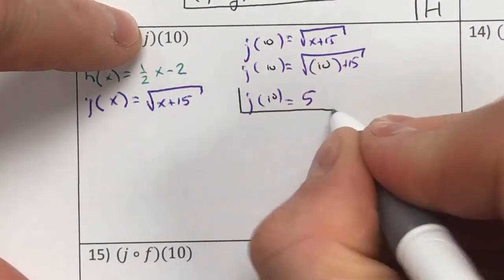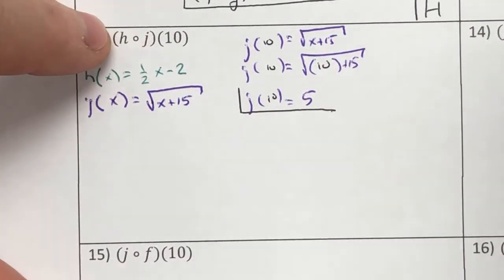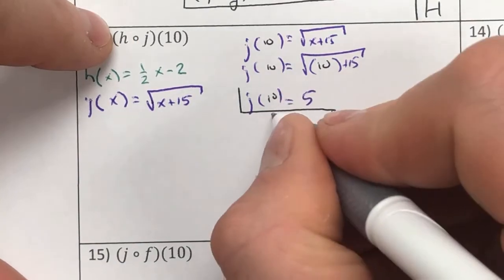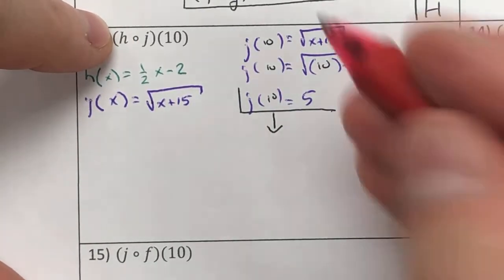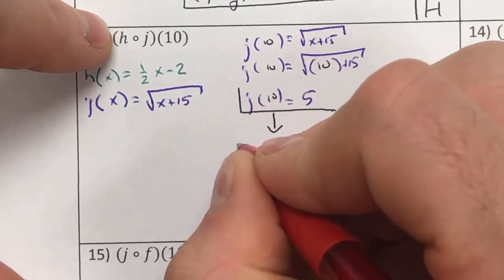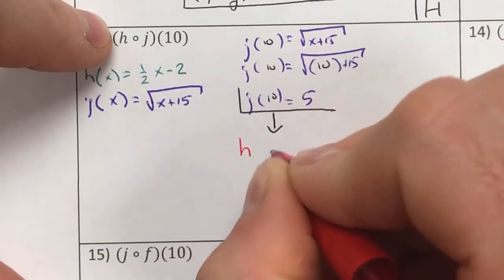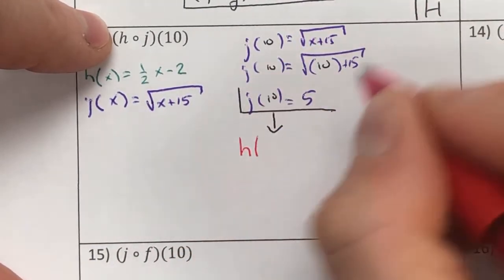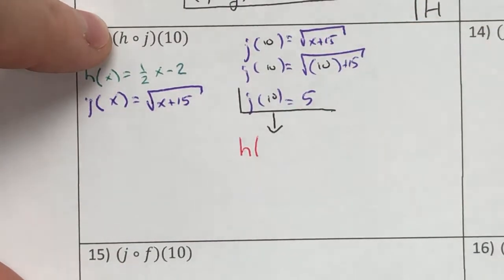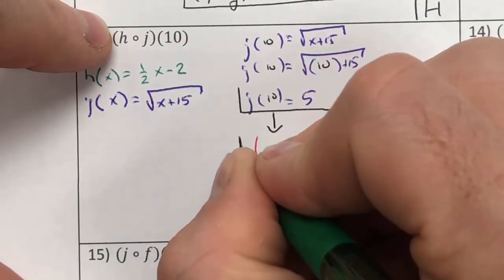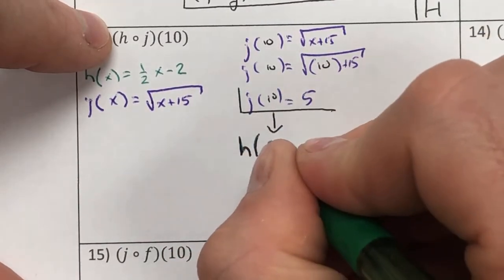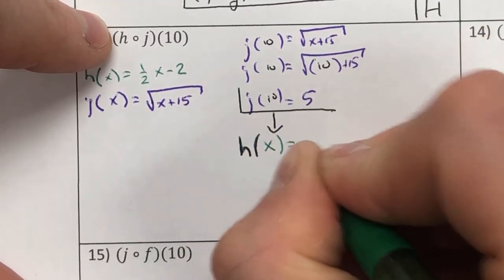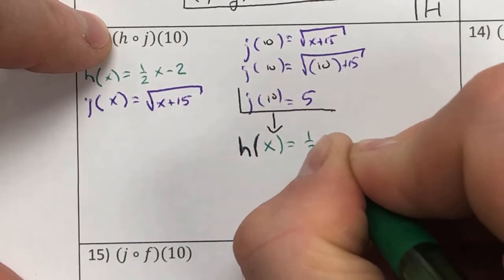And I'm going to take that answer and plug that answer into H. In this case, my H, I'm going to write this a slightly different way. No, H is not in red. We were not doing red. H is in green. So my H of x is 1/2 x minus 2.